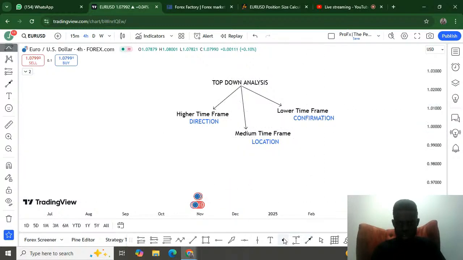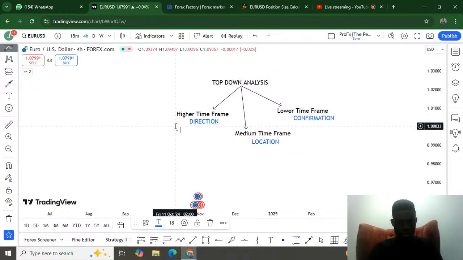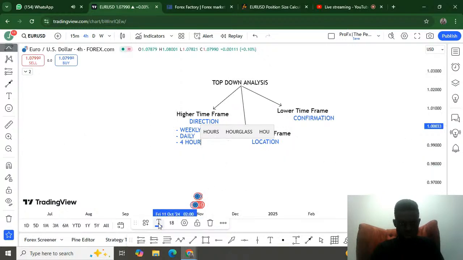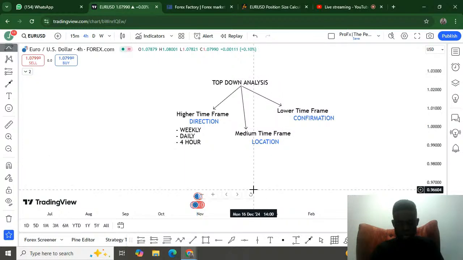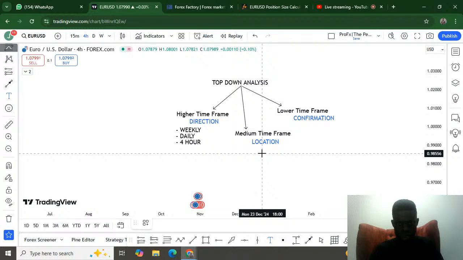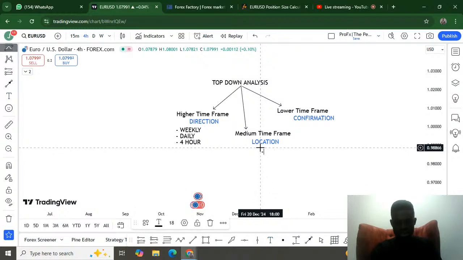For higher time frame, our direction is going to be weekly, daily, and 4 hours, compulsorily. It's your time frame for direction. For location, your time frame would be 1 hour and 30 minutes.